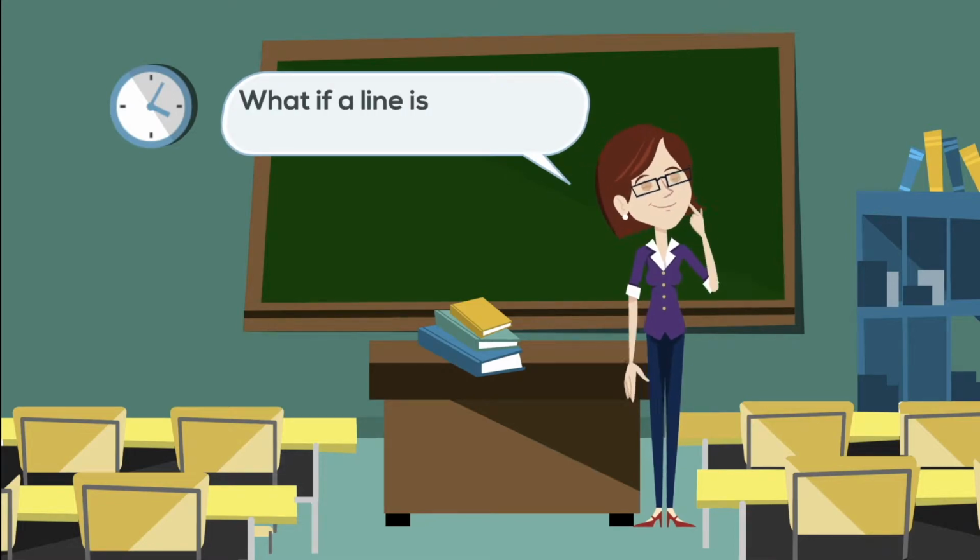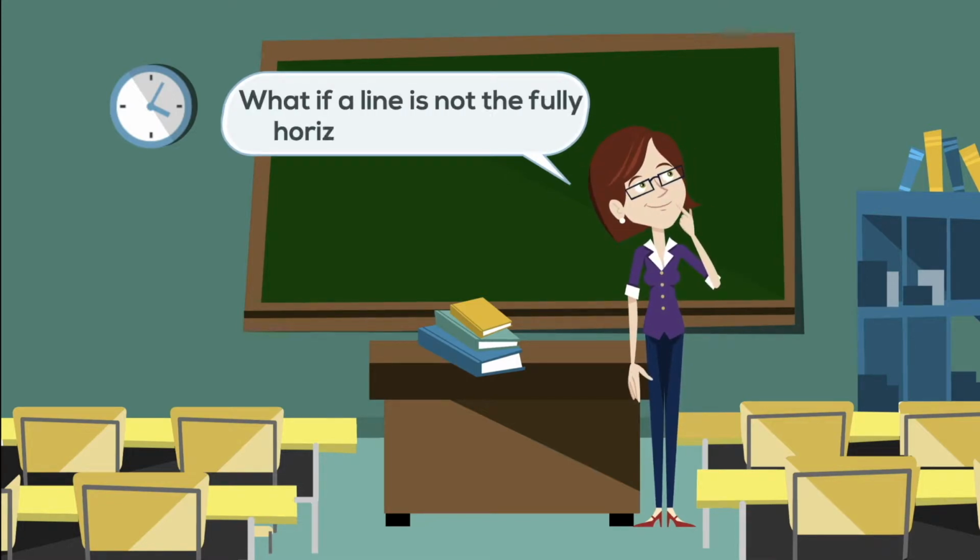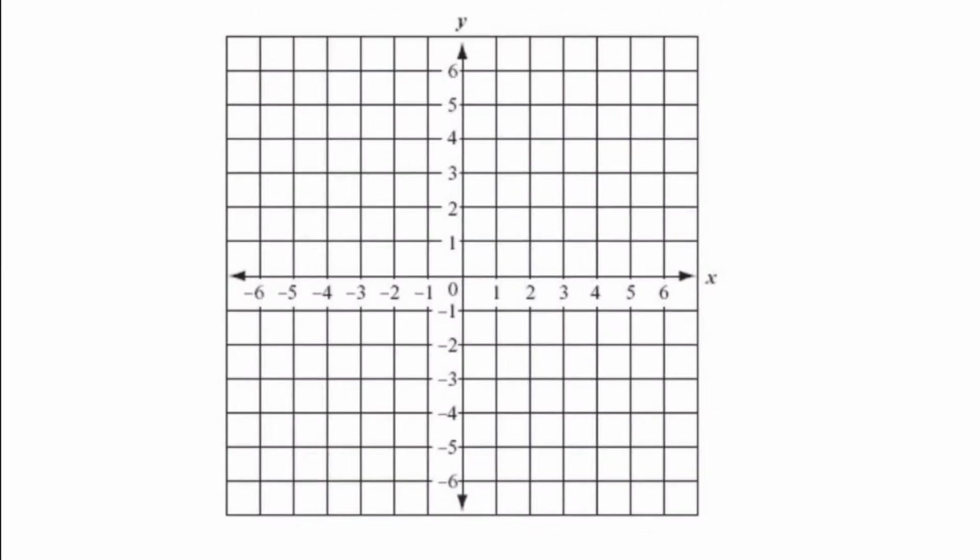Now, what if it is not fully horizontal or vertical? Given that A is (-2, -2) and B is (3, 4), what is the midpoint between these? First, you could think of it as a line going across and a line going up. The middle of the cross line is here, between 0 and 1, which is 0.5.